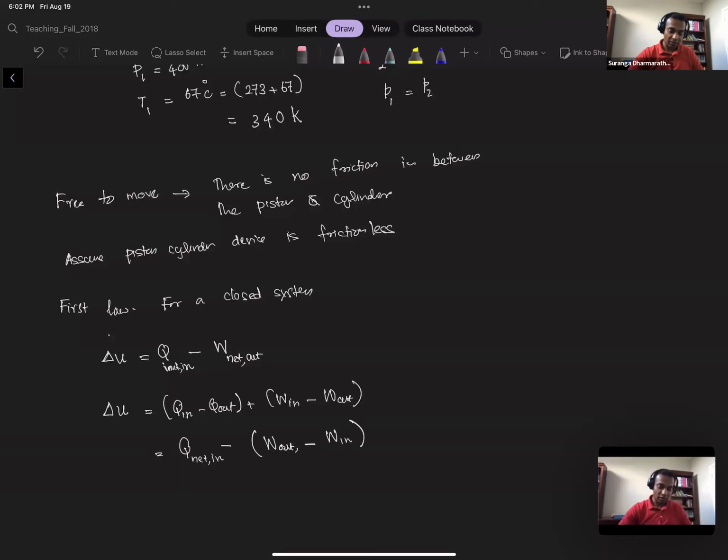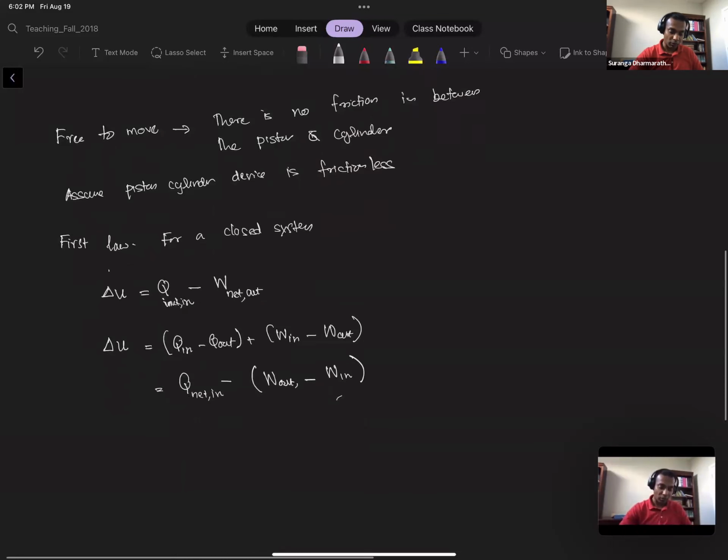So this represents net output of work. In short, we can write Q net in minus W net out. So that's the equation that I wrote first. I just gave you a clarification of how this equation is related to this one.